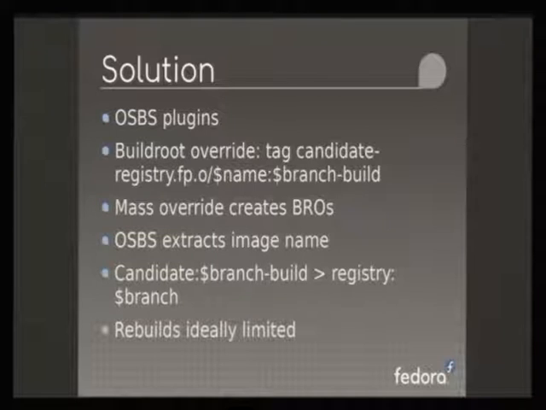But in short, instead of having to wait for it to go to stable, you mark this one as, I want to build things on top of it, so make this available in the build root so I can start building things on top now. The idea is to do pretty much the same in the candidate registry. So if you mark it as, I want to build on top of this, we will tag it with, for example, an F27 build tag.